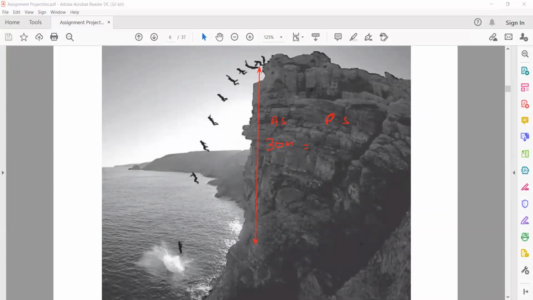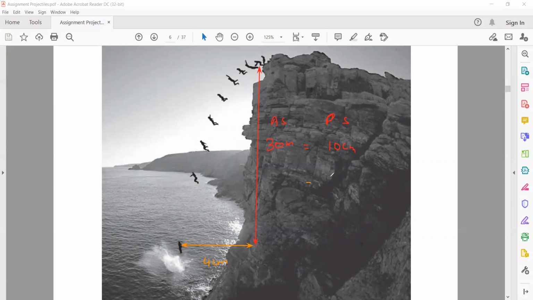It can be any number. For example, if it is coming out 10 centimeter, so 30 meter equals 10 centimeter. Then we need the horizontal distance between the second picture and the 10th picture. We'll measure it again using a ruler.